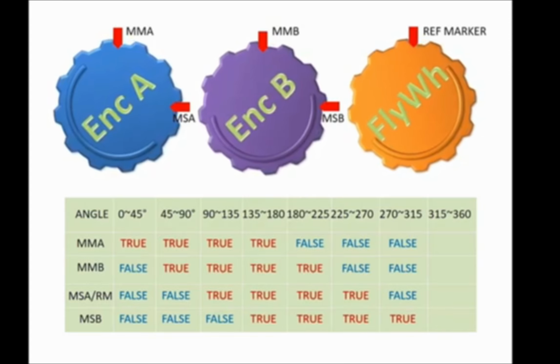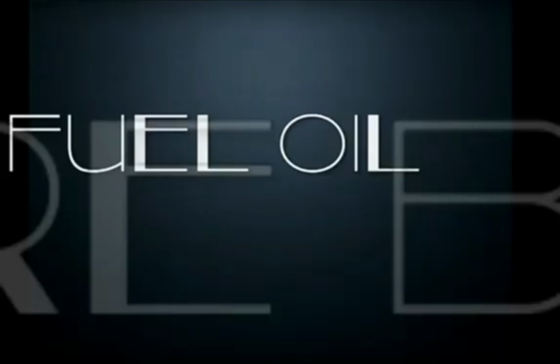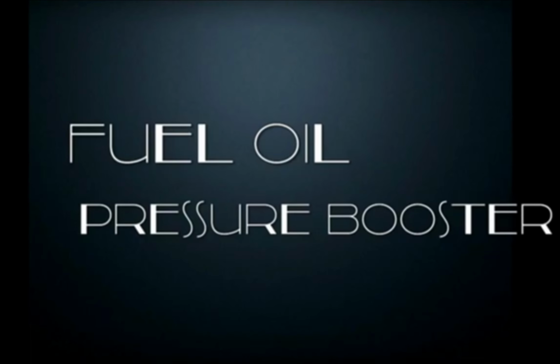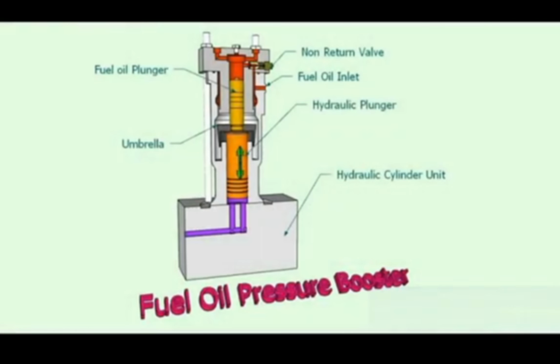I hope you understand all the features of this encoder, how it is working, and how useful it is for finding the exact position. Next is the fuel oil pressure booster, which is fitted on the hydraulic cylinder unit.